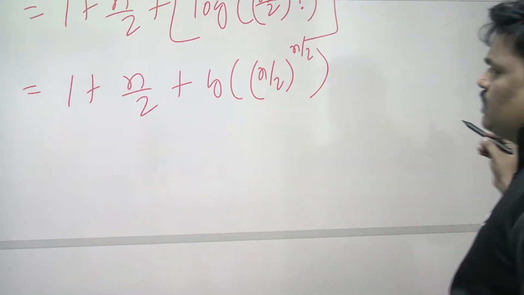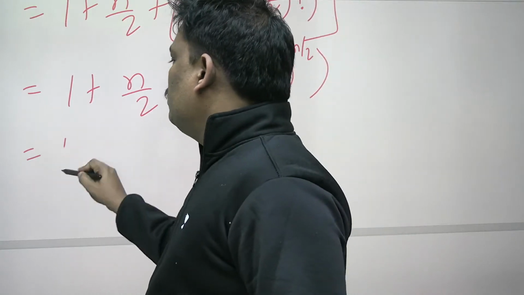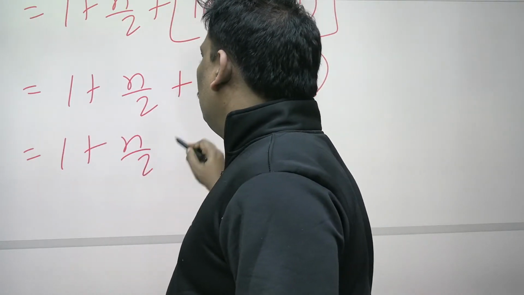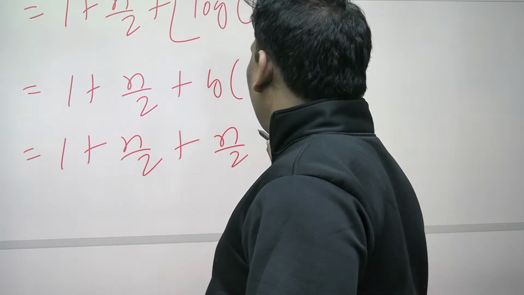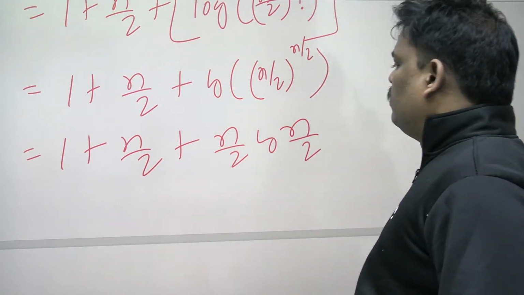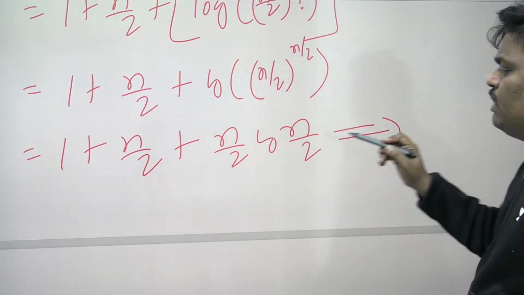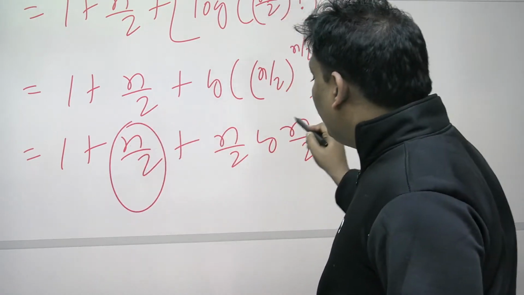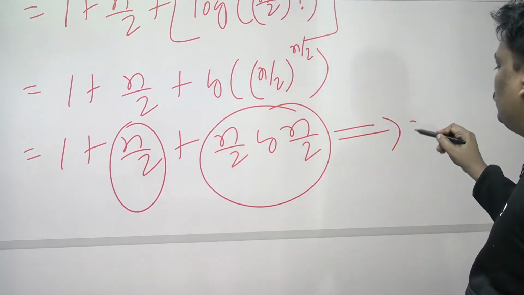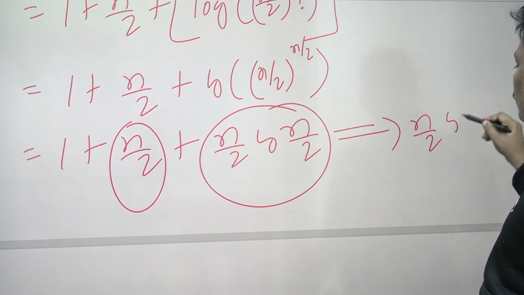This can be written as 1 plus n by 2 plus n by 2 log n by 2. Forget about the constant. It is only n by 2, it is n by 2 log n by 2. So the answer is n by 2 log n by 2.